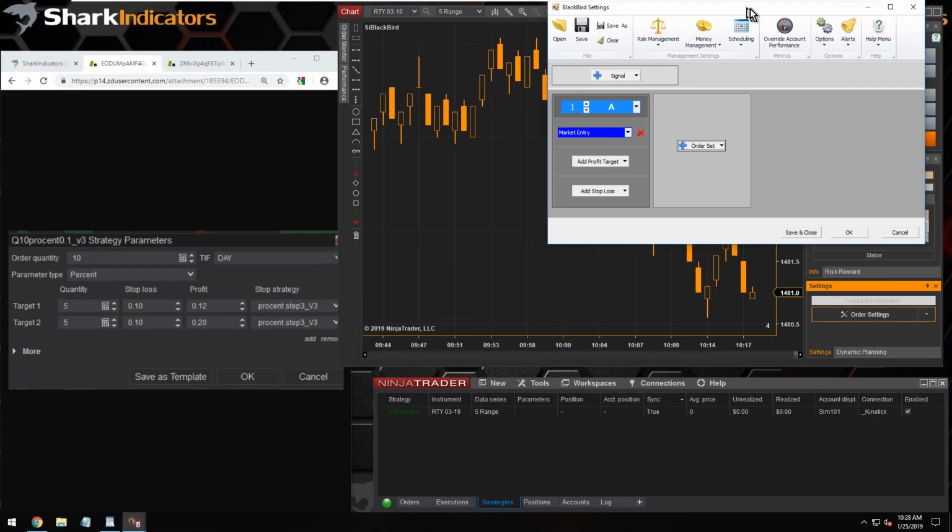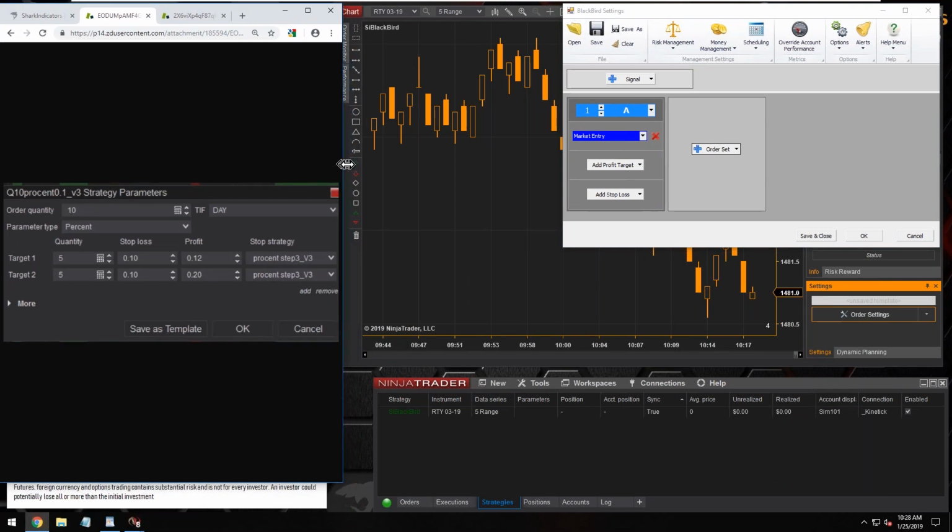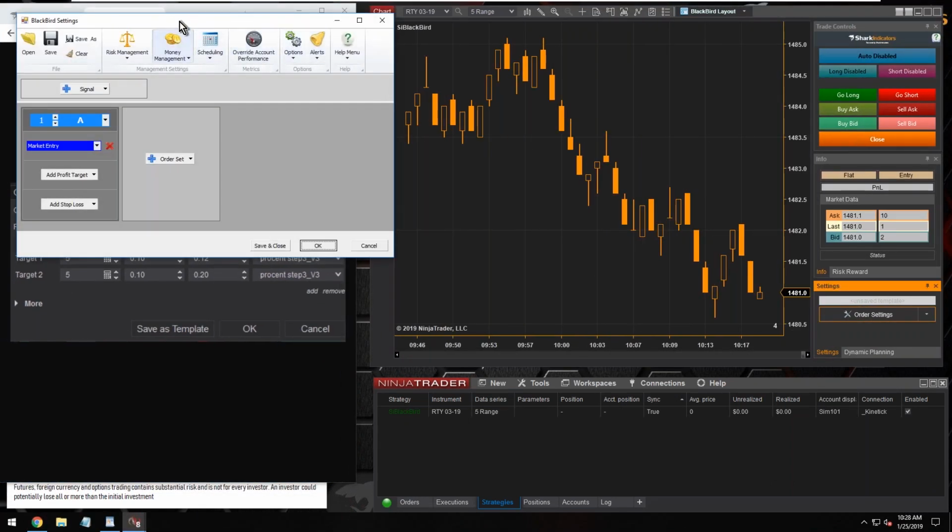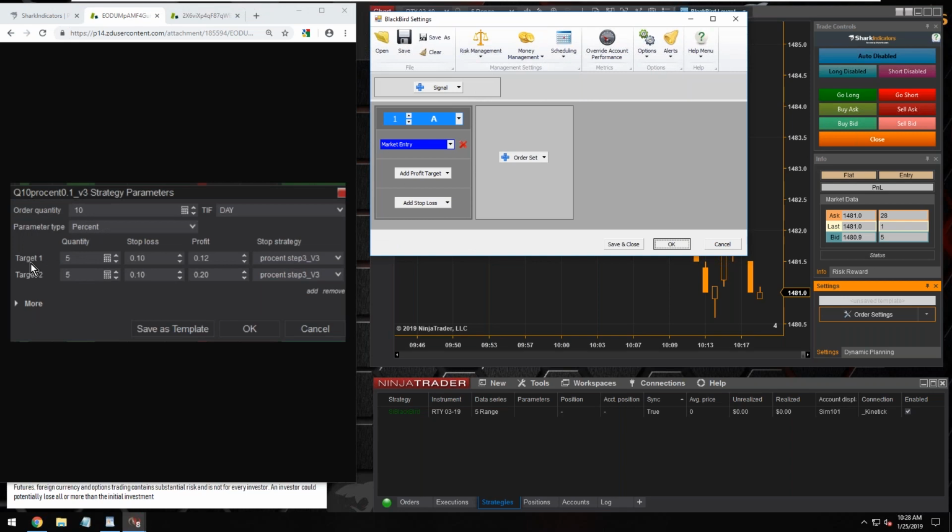Let me switch things around, because that chart is always going to cover up my web browser. Okay, so we have 2 profit targets. What this does is set up 2 order sets, so I'm going to need a second order set here.